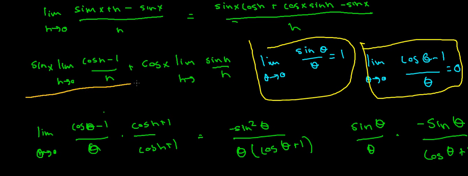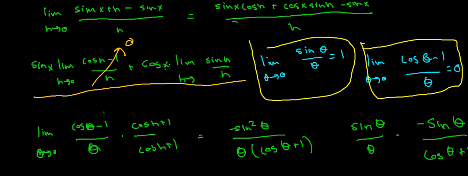So this was the original problem. I had sine x times the limit of h going to 0 of cosine h minus 1 over h, and I know this is now 0. And then I have cosine x times the limit as h goes to 0 of sine h over h, and I know that this is now 1.